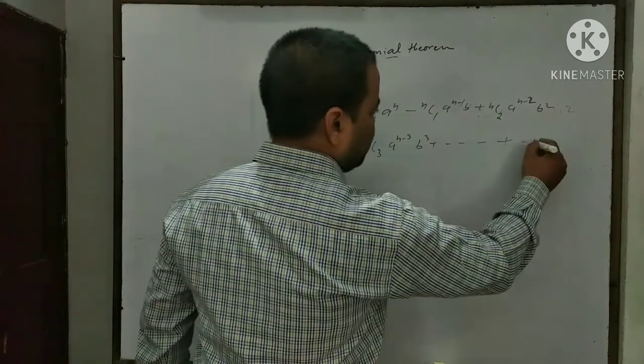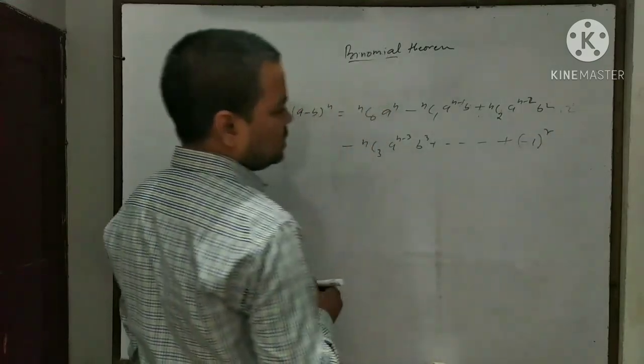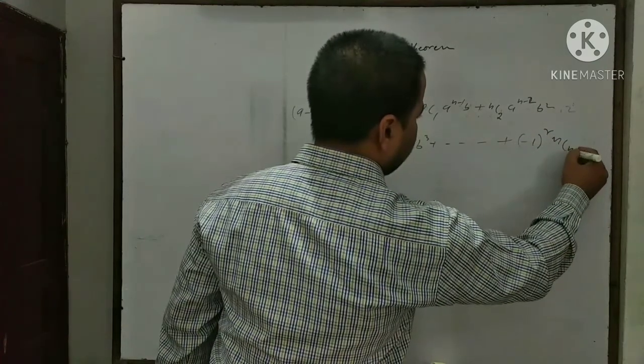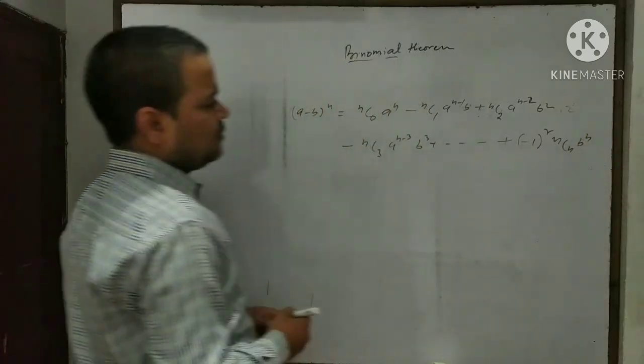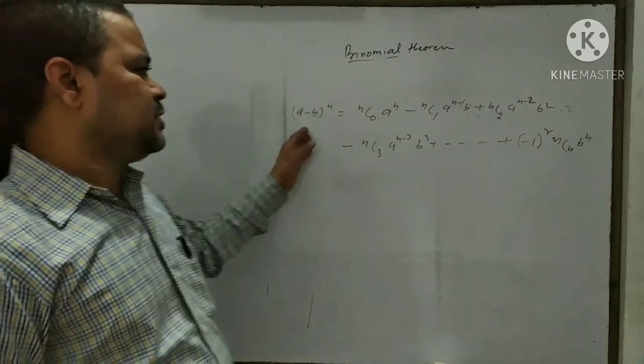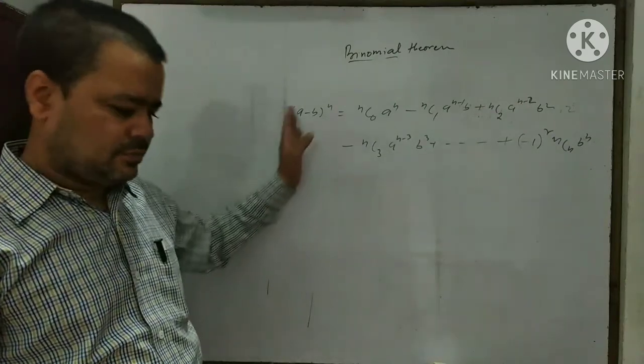Therefore, it will be better to write it this way: minus 1 raised to the power r nCn b raised to the power n. The expansion of a minus b raised to the power n will be like this.